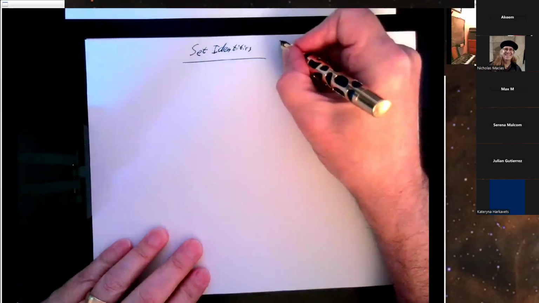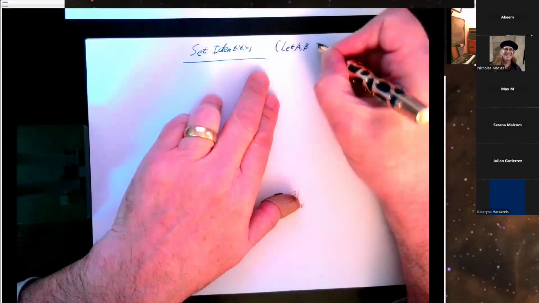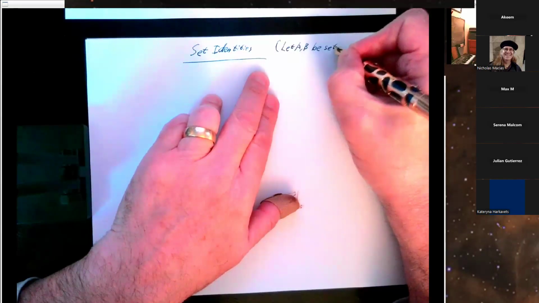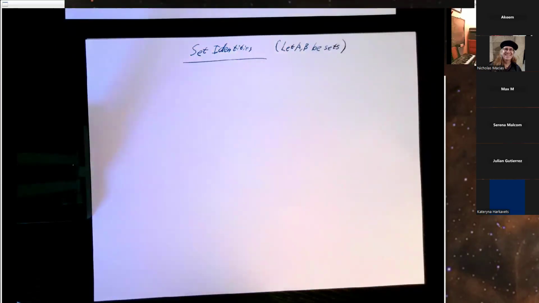And so for all of this, let's just let A and B be sets. And this means it doesn't matter what sets they are. They can be any sets at all. And the following are all true.